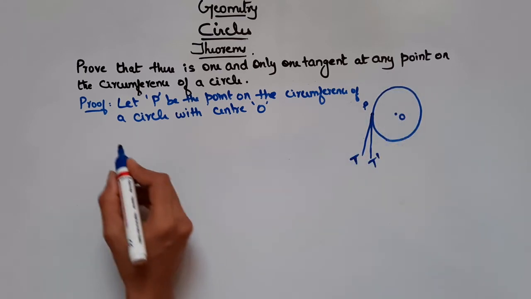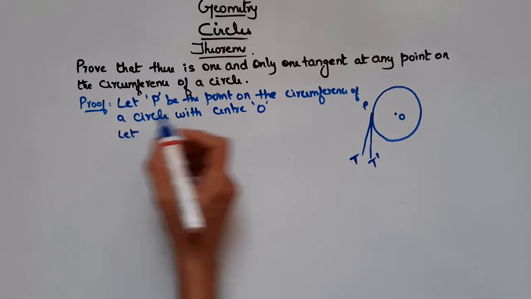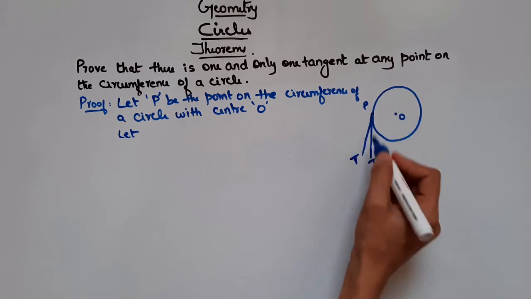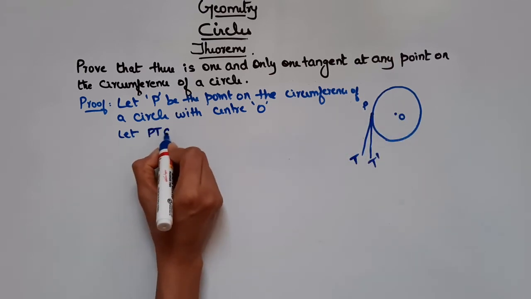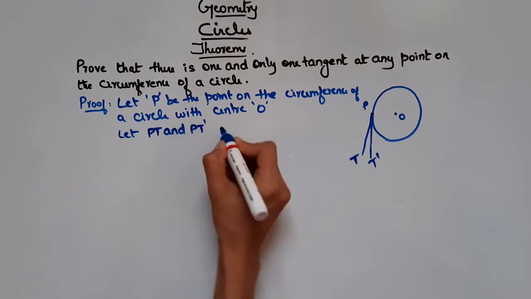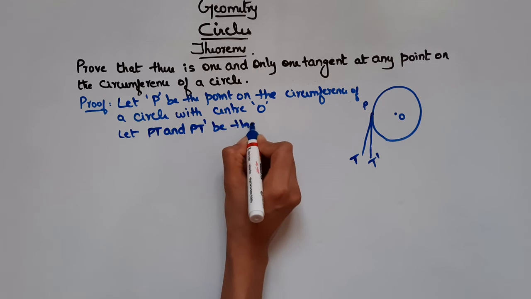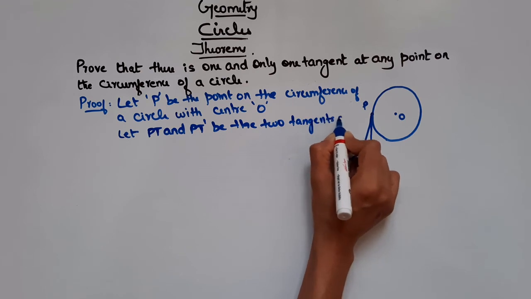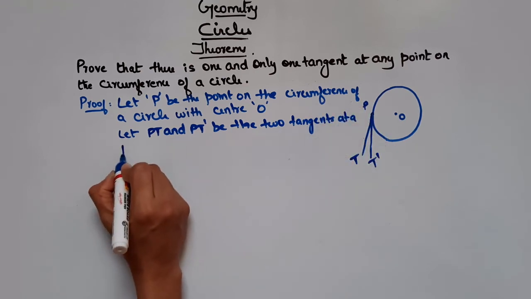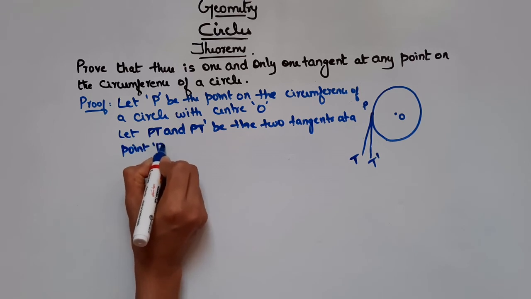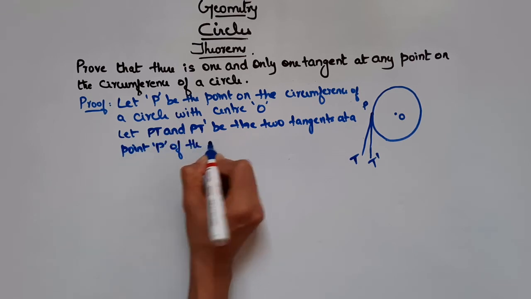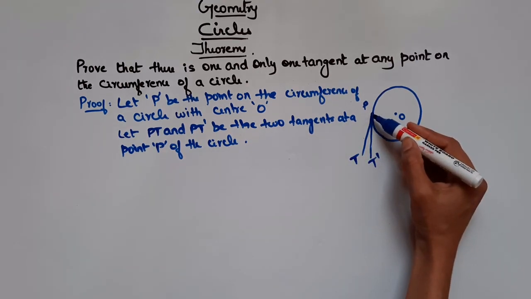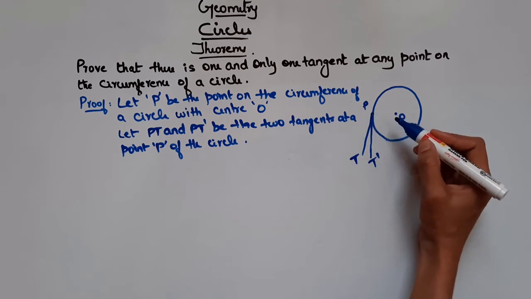Alright, so what did we do? Let PT and PT dash be the two tangents at point P of the circle, right? So now, the tangent at any point of a circle is perpendicular to the radius through the point of contact, right?